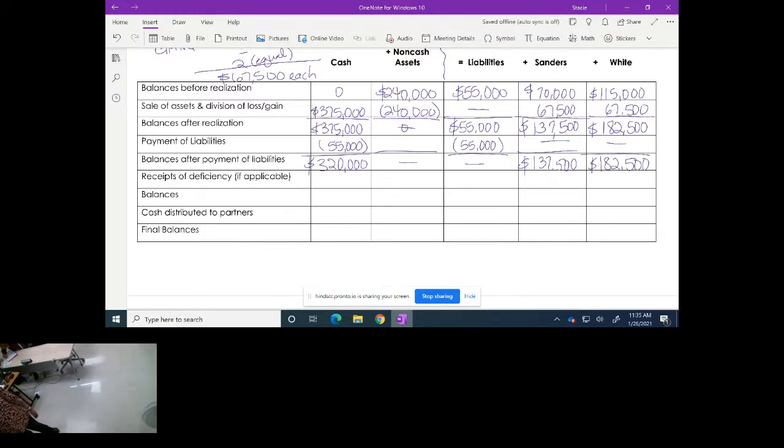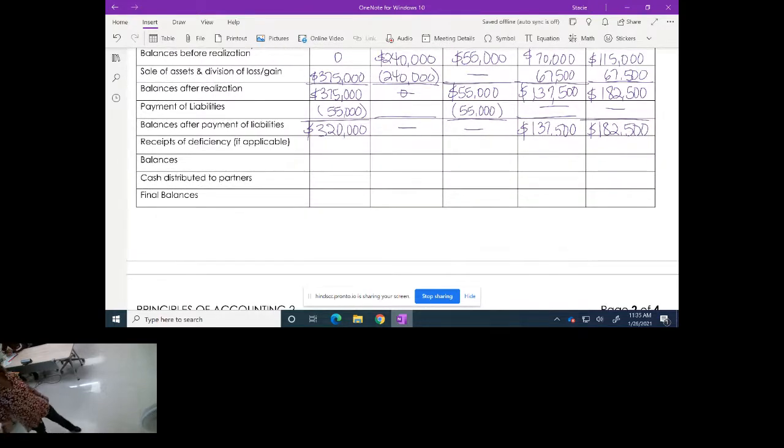What affects capital is allocating that gain or loss, and if there's something we have to do with that deficiency. All right, the next line is receipts of deficiency, if applicable. You're not going to have it in every problem. The line's just there in case you need it. So that's just nothing all the way across, and you can bring your balances down.